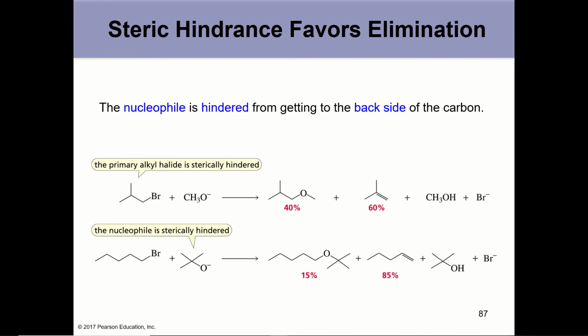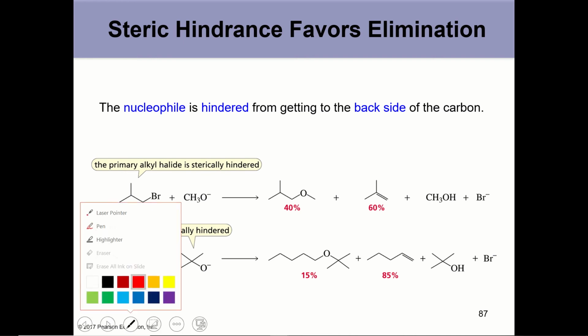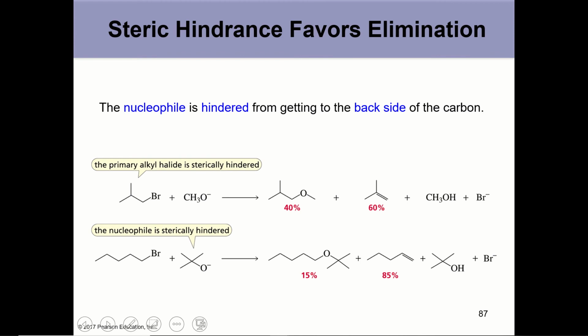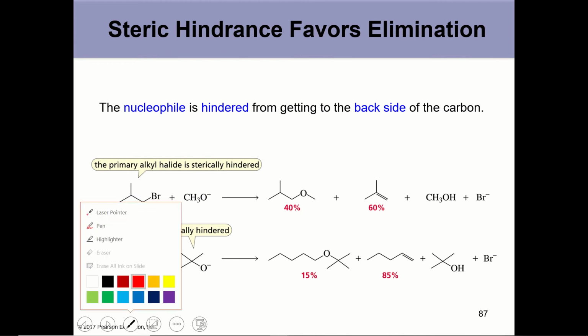So when we have a primary carbon as our beta carbon, or as our alpha carbon, we know that only SN2 is possible because primary carbons do not make stable carbocations.